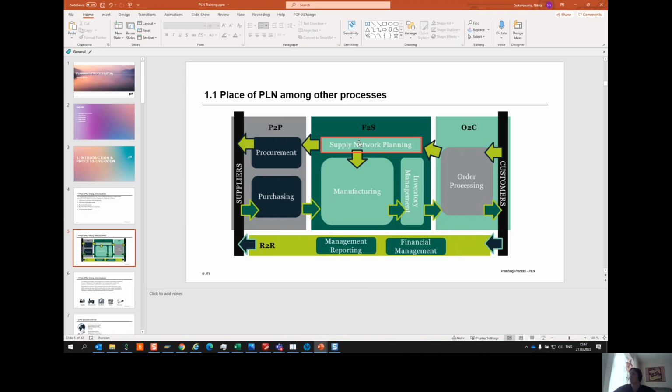When we have all the information from sales, that's when we can start our planning. So we can maintain our portfolio. Maybe we need to create a new product. Maybe we need to make some existing products obsolete because they are no longer popular among the customers, and so on and so on.